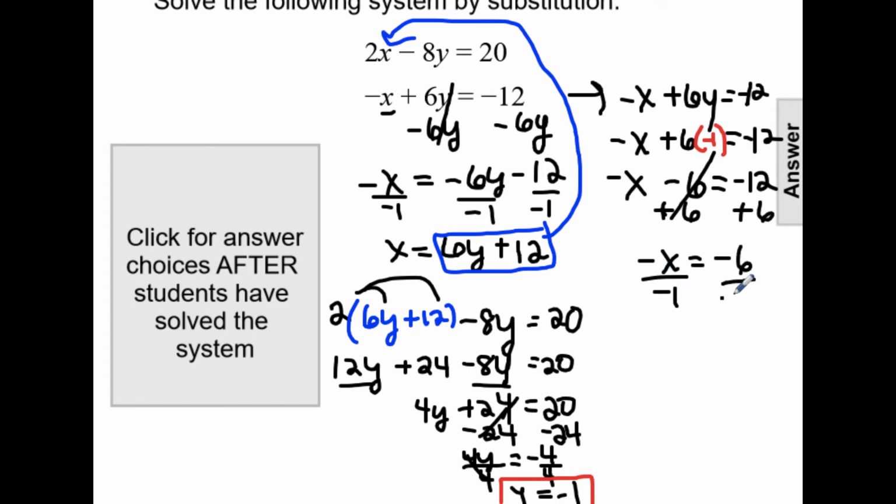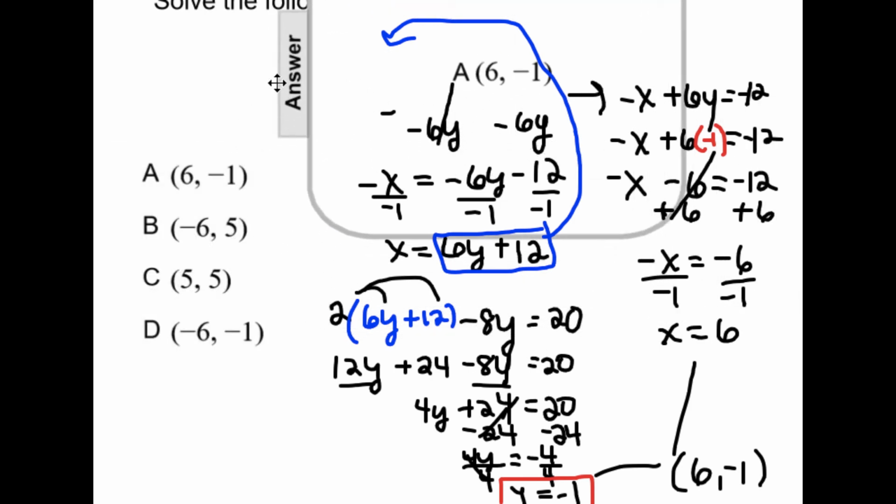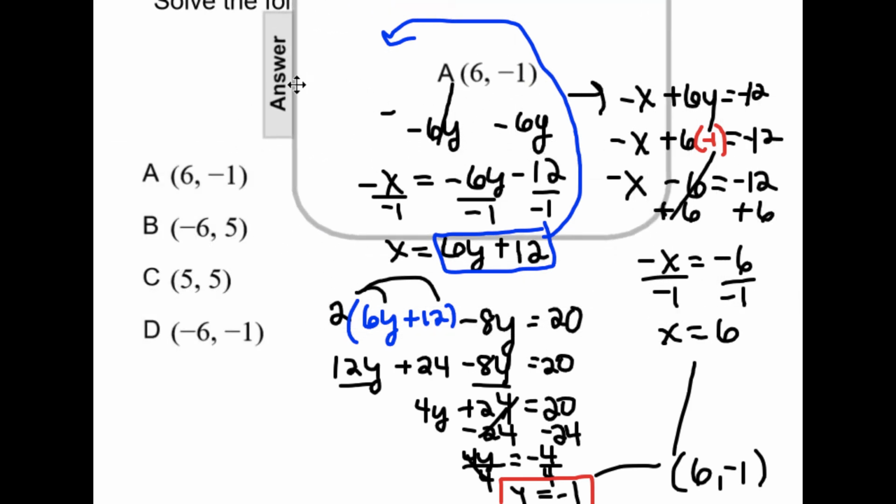Divide by -1, so x equals 6. So if we put that together to make our ordered pair, that would give us 6, -1. Looking at our answer choices would be the solution of A, 6, -1.